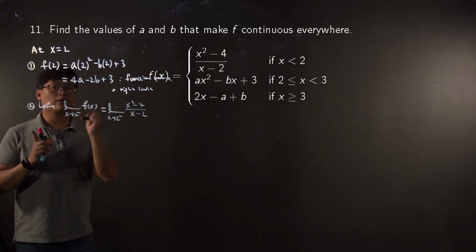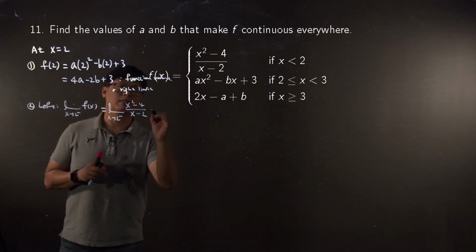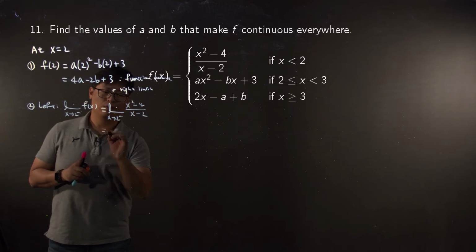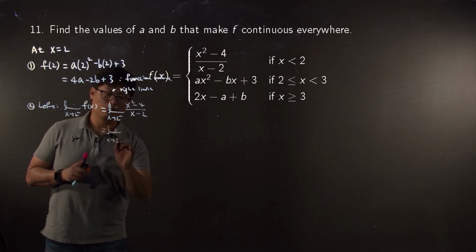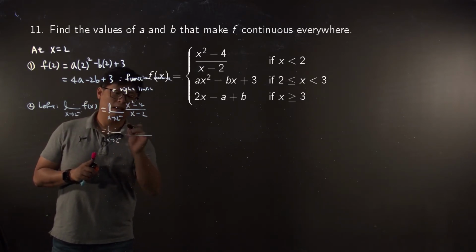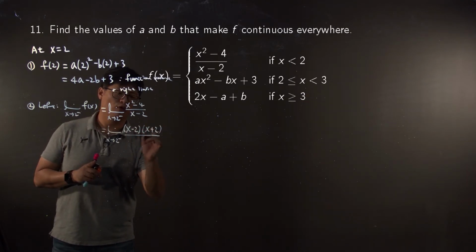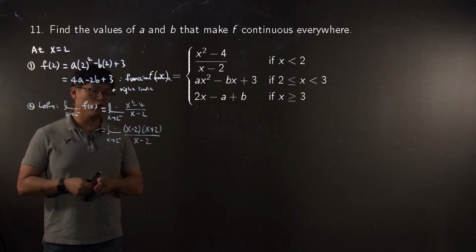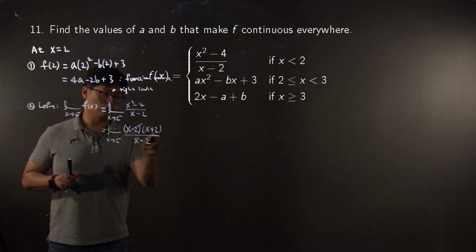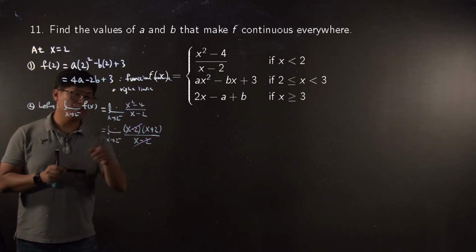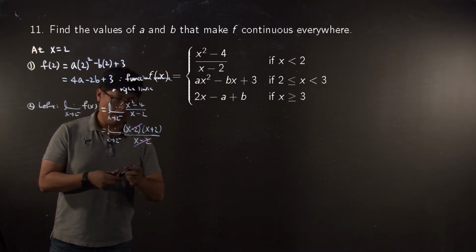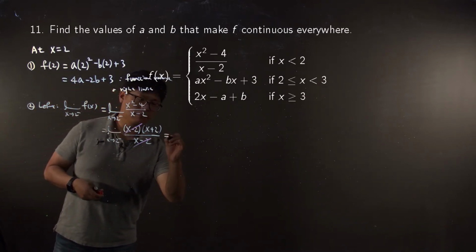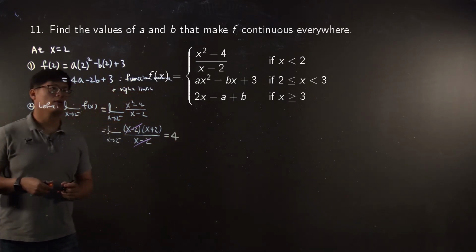Then we cancel out the zero factor: (x minus 2)(x plus 2) over (x minus 2). As we expected, this zero factor is gone. Plugging 2 in here, we easily find the left limit is 4.